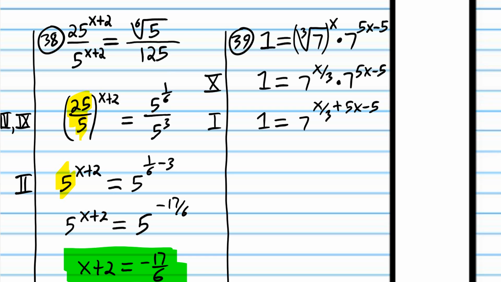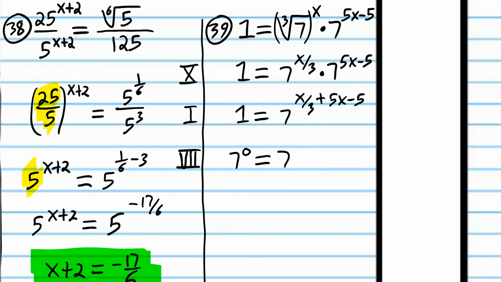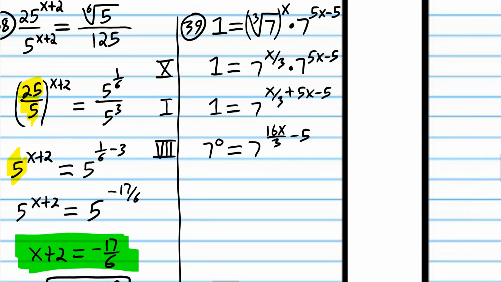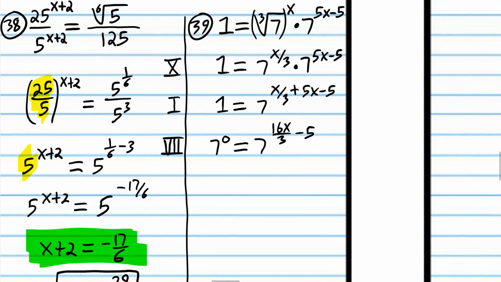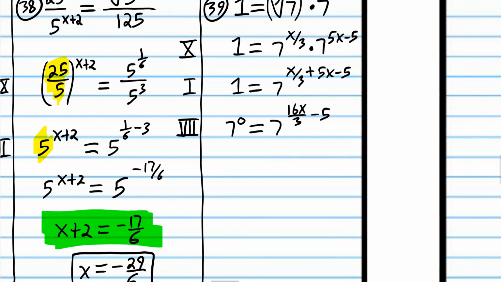And then I'm going to use rule number 7 to change that 1 to a 7 to the 0 power. And x over 3 plus 5x is going to be 16x over 3. Again, that's just basic math. You can go to my previous courses if you want to review that. And then we have that critical stage.